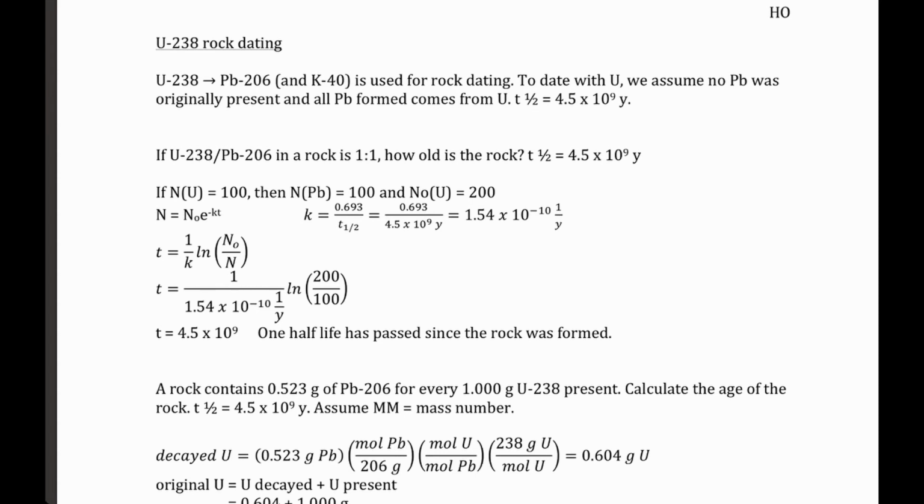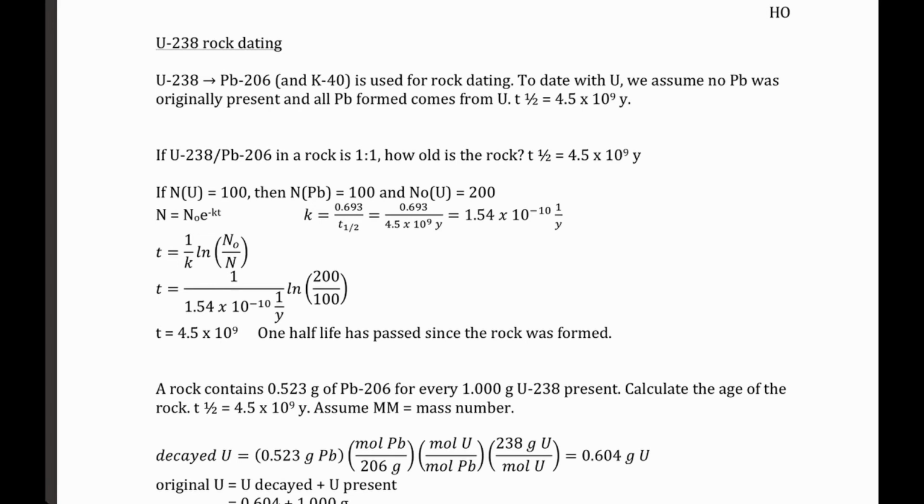Next, we're doing another dating problem, but this time it is rock dating, and we are using uranium-238. Many rocks contain uranium, and if so, then the ratio of the lead to the uranium can be determined. So as we studied earlier in this chapter, uranium-238 decays by a series of steps to finally stable lead-206.